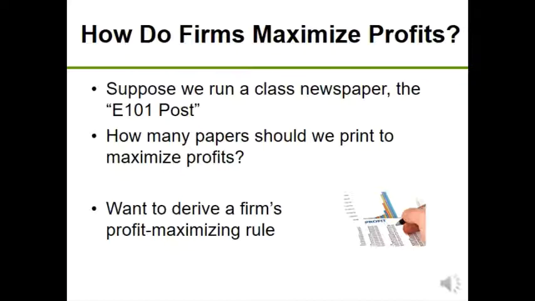So suppose we run this class newspaper, the Economics 101 Post, and in this market, we are a price taker. We take the market price as given, and all our job is to do is to decide quantity, to decide how many newspapers we need to print in order to maximize the profit. In other words, for the next couple lectures, we are going to derive a firm's profit maximizing rule.